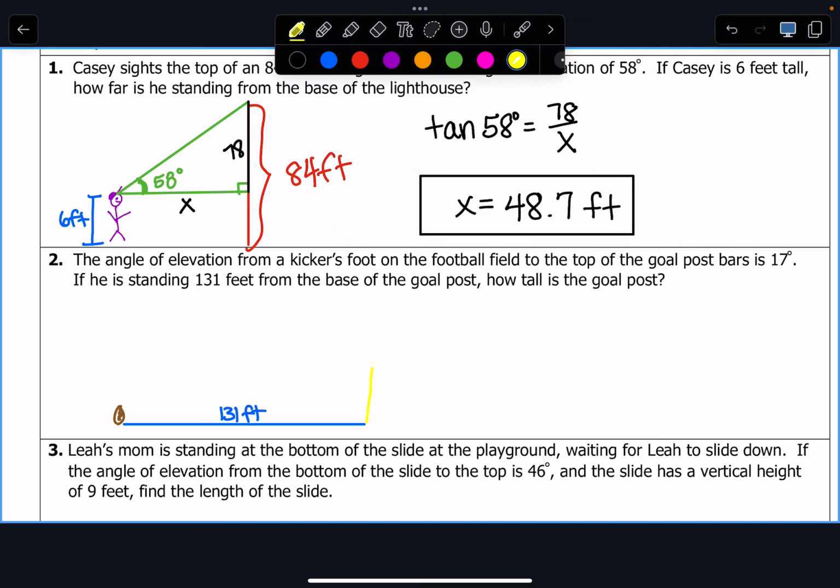We're looking at it from the side, okay? You put scale and everything. The top of the post is how tall? We don't know, but the angle of elevation is 17 degrees.